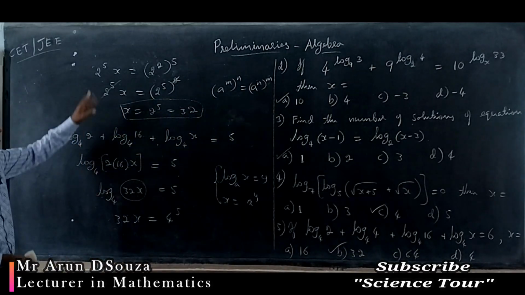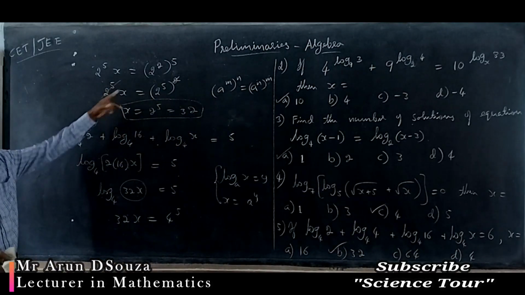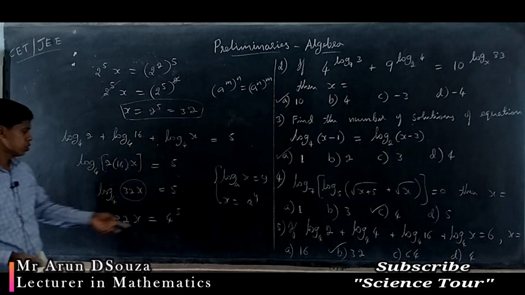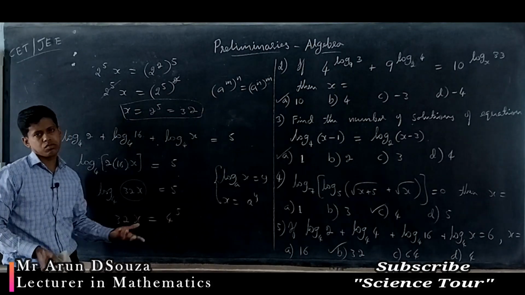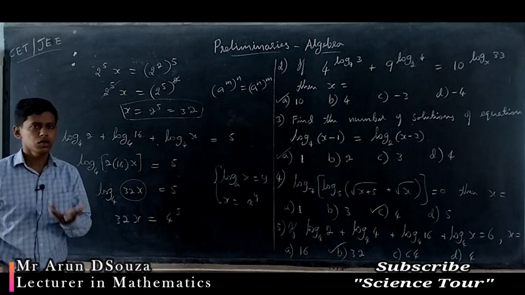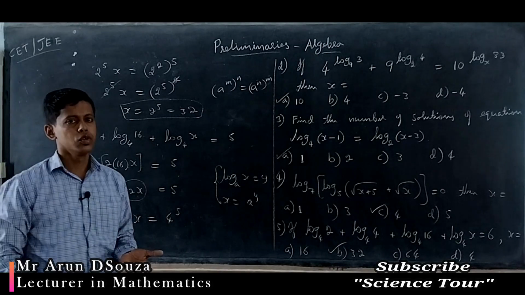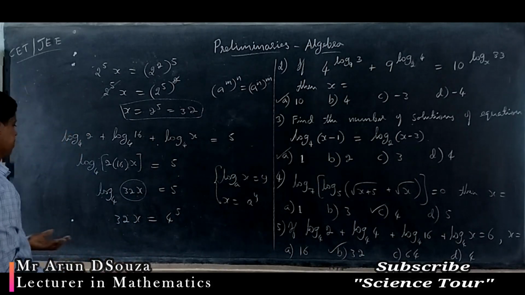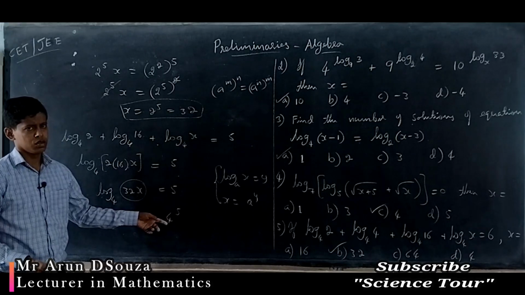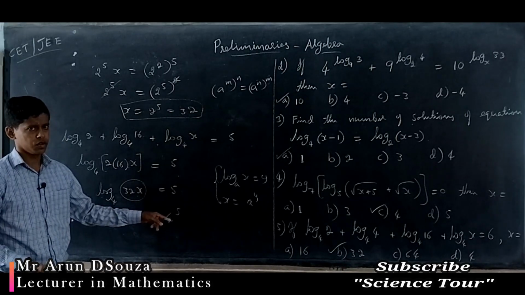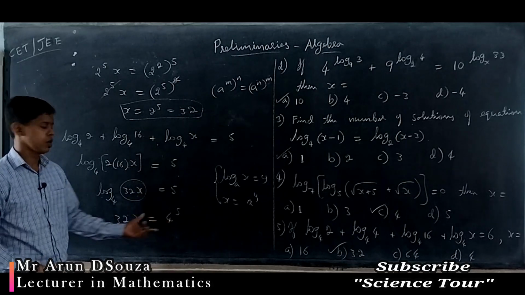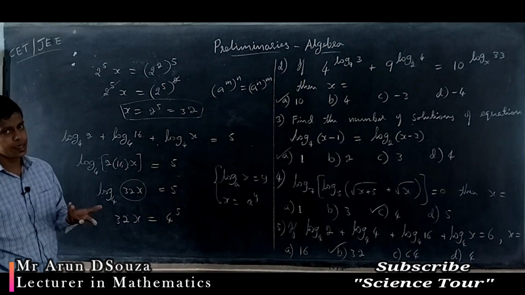So this is working with indices. If you don't like indices, then what you will do? Then you multiply 4 five times, and then divide by 32. That's up to you how you work that. So 4 into 4, 16 into 4, 64 into 4 into 4, five times you multiply and divide by 32 later.